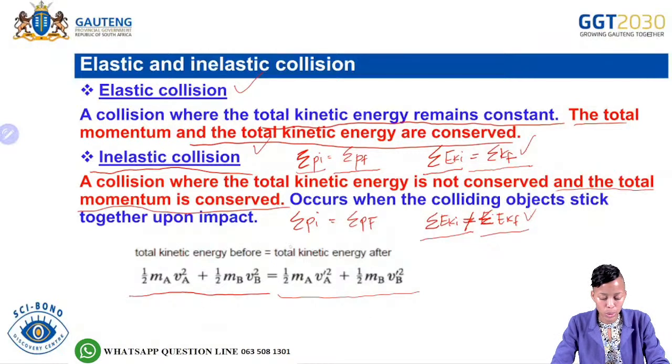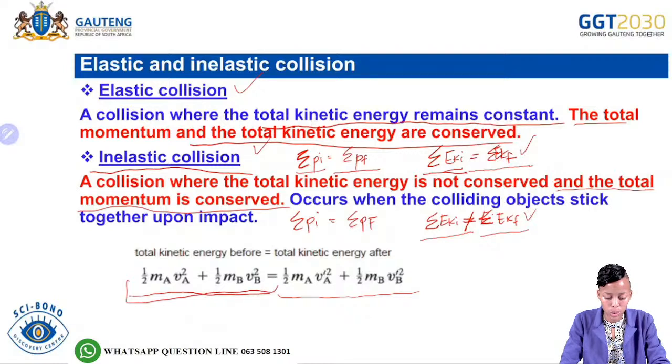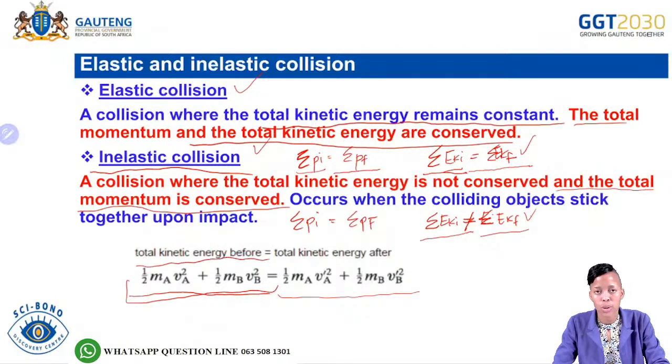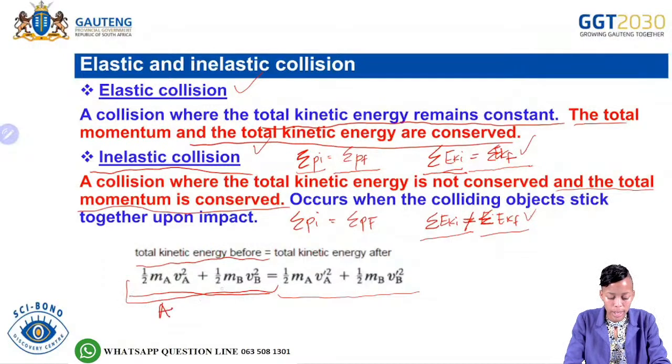So you need to know how to use this formula here, which comes from where? The sum of the EK initial, or before, is equal to the sum of the EK after the collision. So the total kinetic energy before would be equal to half MAVA squared, that is for object A, and then half MBVB squared, that is for object B. That is before the collision.